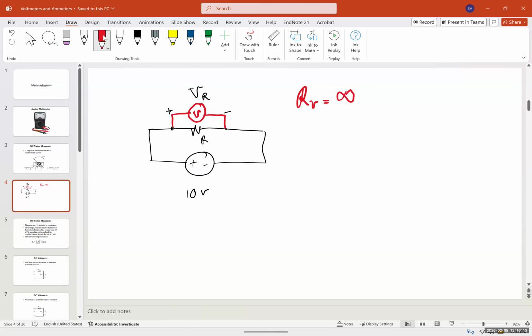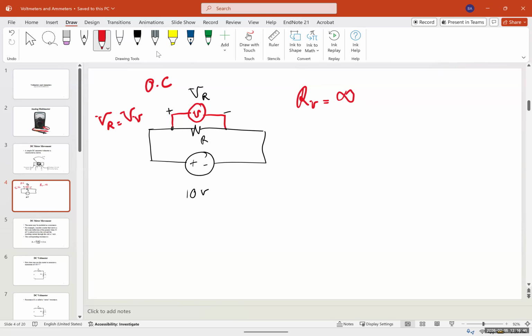In an ideal situation, when it's infinite, the voltmeter acts like an open circuit, and VR would be equal to the voltage of the voltmeter, which I'm going to call VV. So the resistance of a voltmeter, in an ideal situation, we want to be infinite.